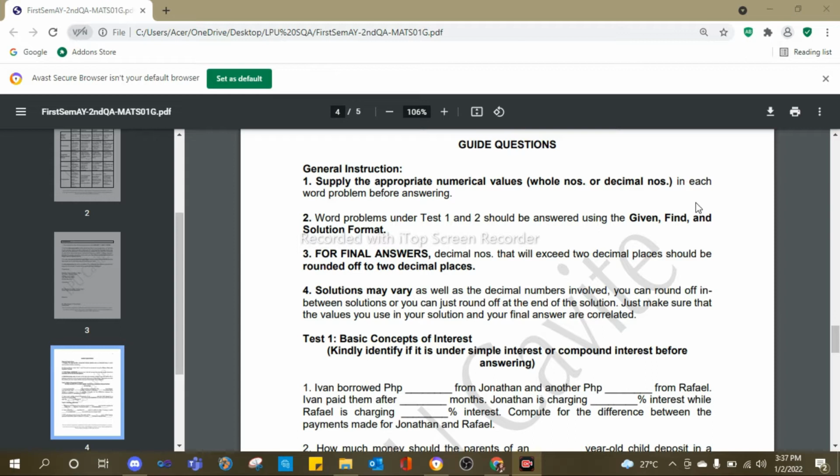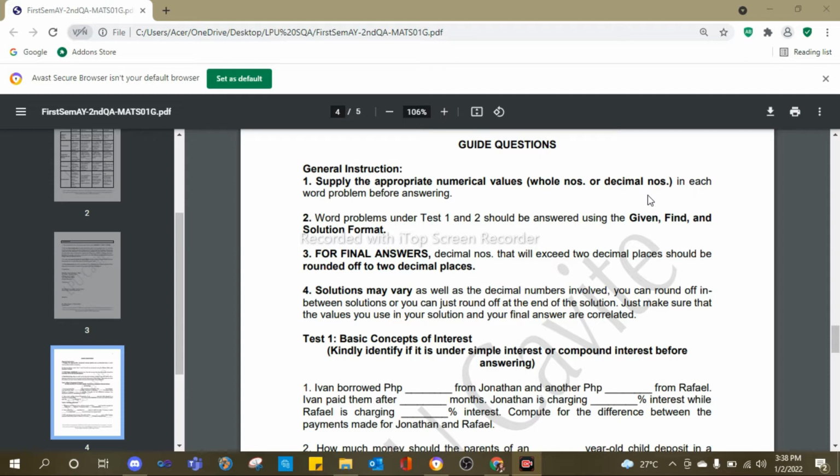General instruction, number 1: you will need to supply the appropriate numerical values and whole numbers or decimal numbers in each word problem before answering. Number 2: word problems under tests 1 and 2 should be answered using the given, find, and solution format.